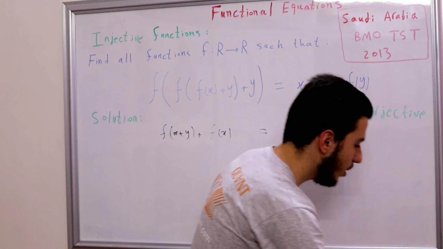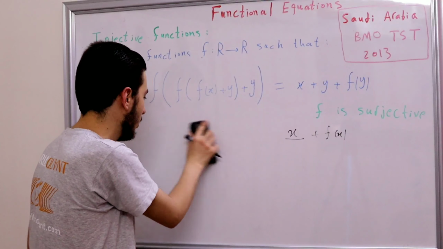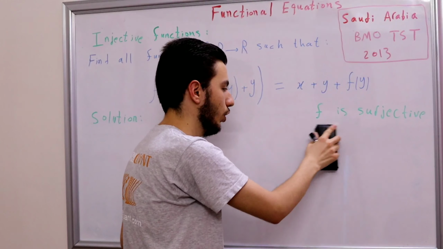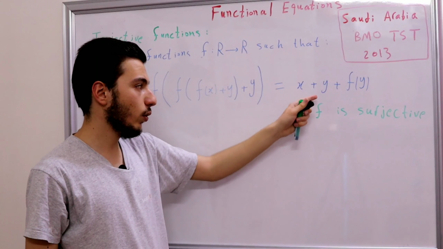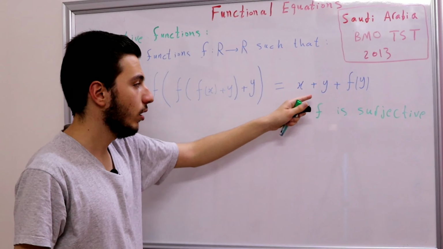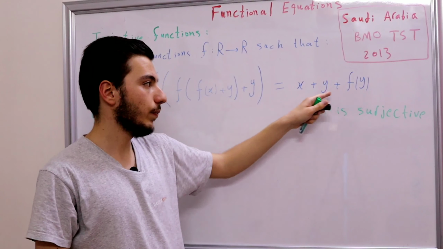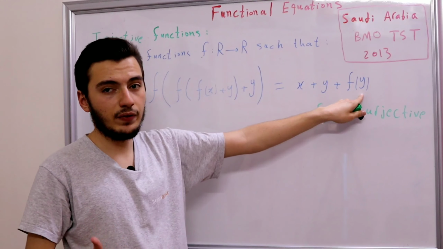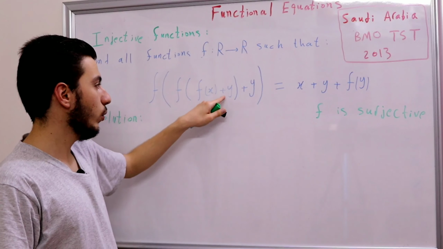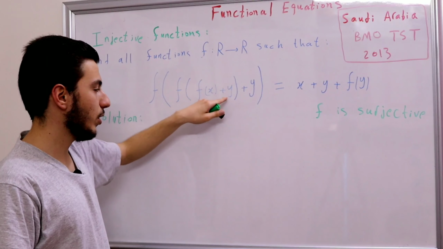Okay, so let's see if we can make this in our functional equation. Here we have x is free and y is free. Let's look at y. Here we have indeed one free y and one y inside f, so that's good. But look at here. Here we have f of x plus y.